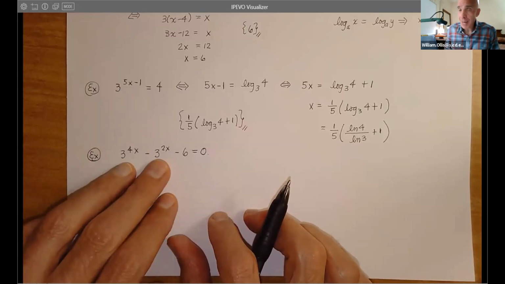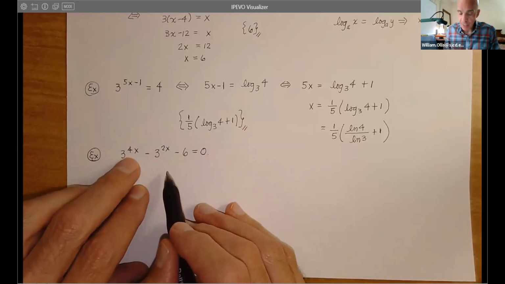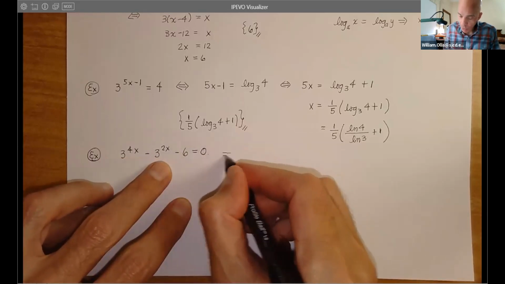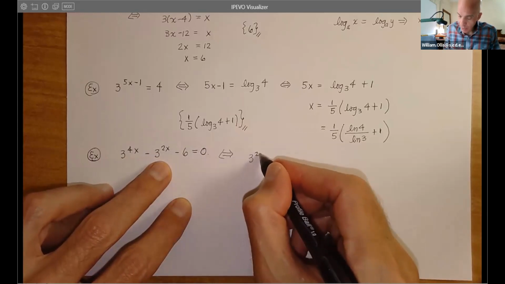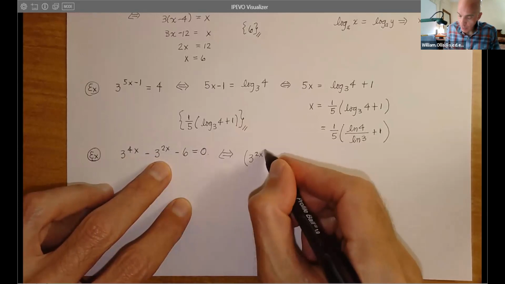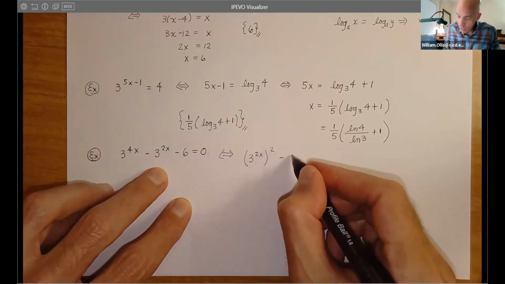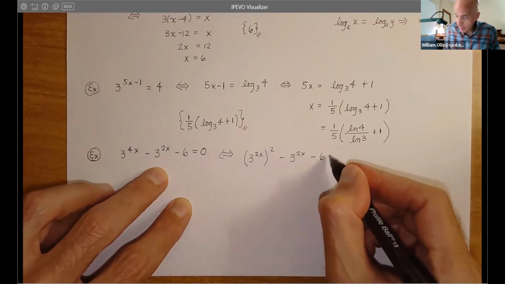They're distinct powers. But what we're noticing here is that this is basically the square of 3 to the 2x. So we can say this is 3 to the 2x quantity squared, if we use the laws of exponents, minus 3 to the 2x minus 6.